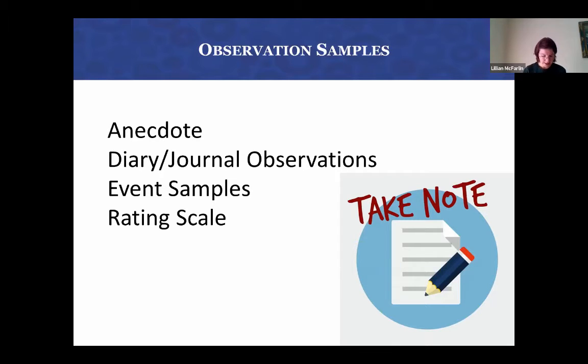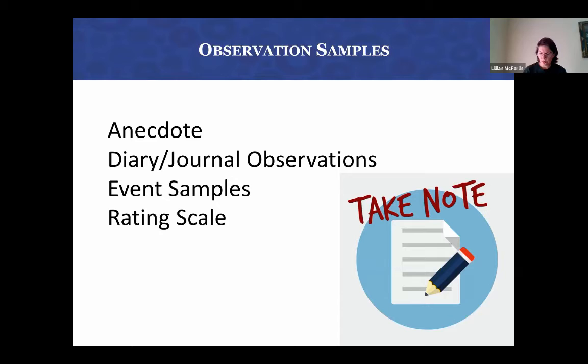Let's see, event samples. So if you're trying to figure out how many children are using your library area during free choice, that would be a good way for you to just have a tally sheet next to you, and every time you see a child go in the library area, you just make a mark.